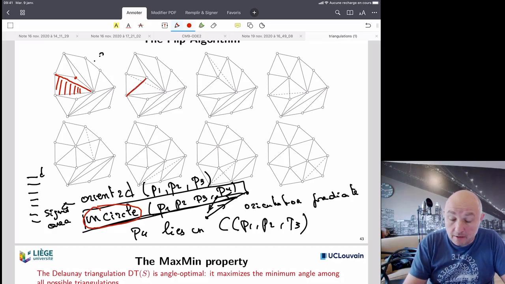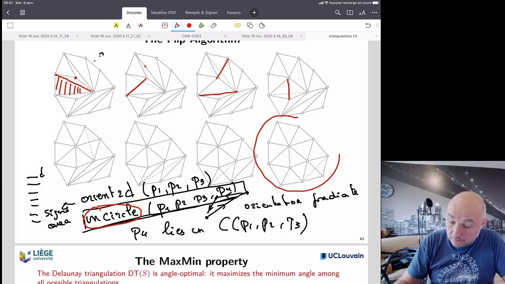And I do it again. I'm looking at that edge, for example. Oh, it's not Delaunay. I'm flipping it. And now I'm looking at that edge. Oh, it's not Delaunay. I'm flipping it. Again and again. And at some point, when you reach that triangulation, you know that all edges are locally Delaunay. So it means this is the Delaunay triangulation.